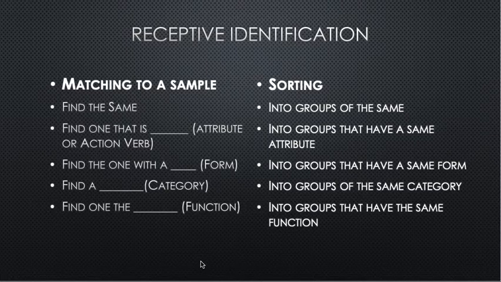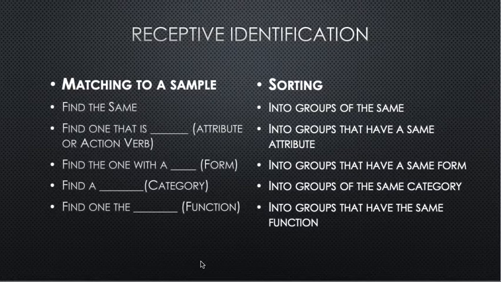They select one item. You can do it for form, so you can say find one that has 4 legs, find one that has 2 legs, find one that has a tail, find one that has floppy ears, find one that is 4 feet long. You can get pretty specific about your form, based on the student's ability to discriminate things.